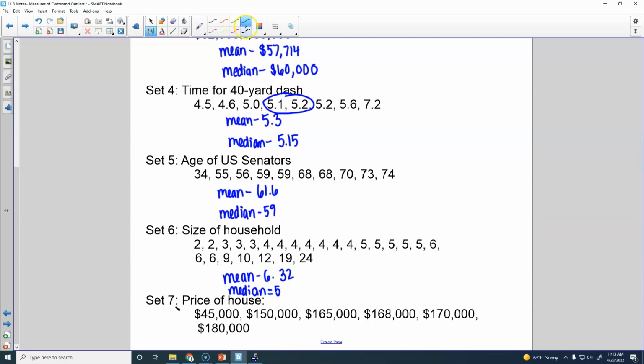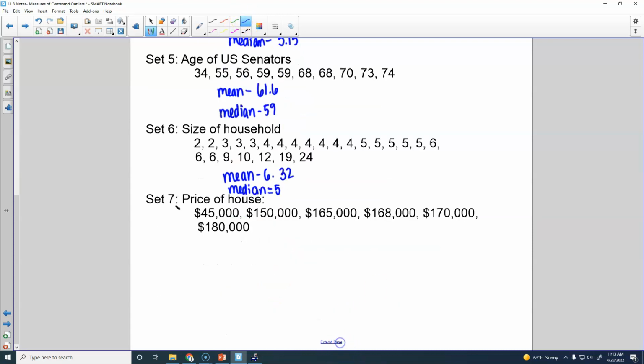And then everybody was supposed to do the last one. What did you guys get? 146,333. Okay, and then median.